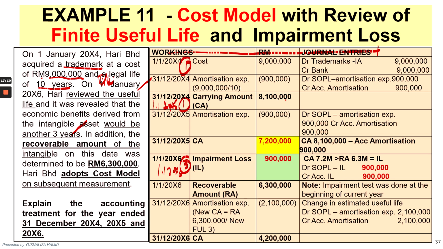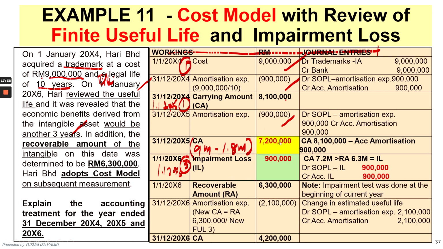Alternatively, this can also be 9 million minus 1.8 million, where 9 million is the cost, and 900 plus 900 will give you 1.8. That is the accumulated amortization. So the carrying amount either way will give you the same answer.